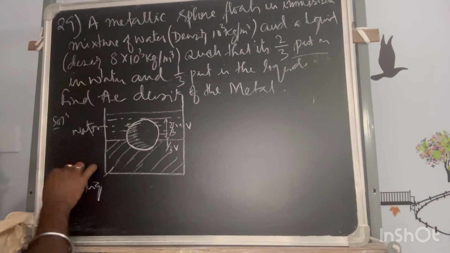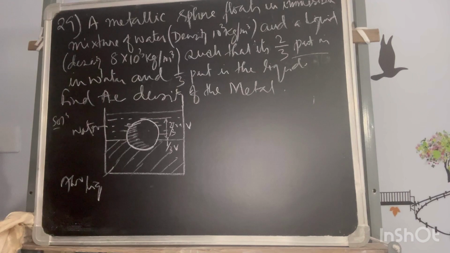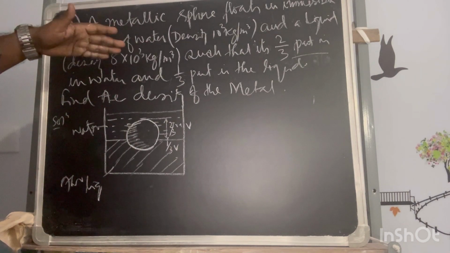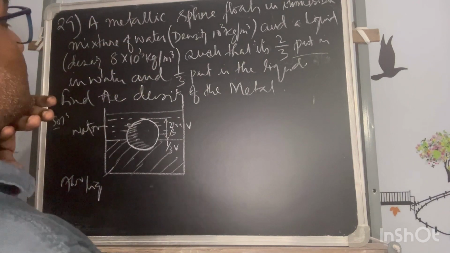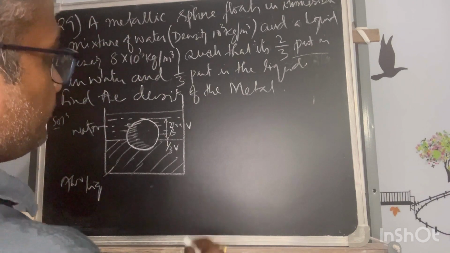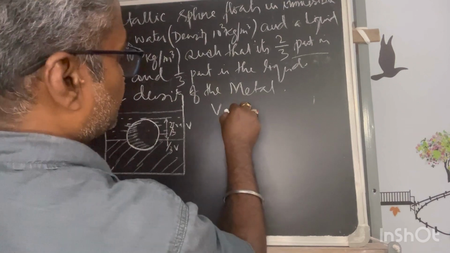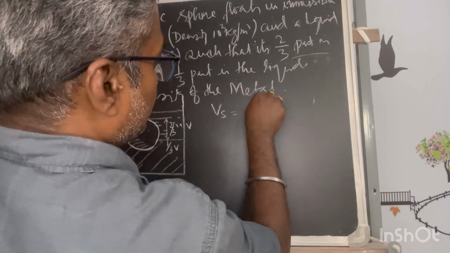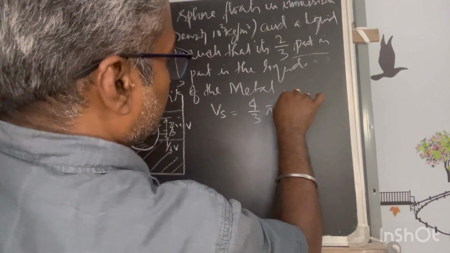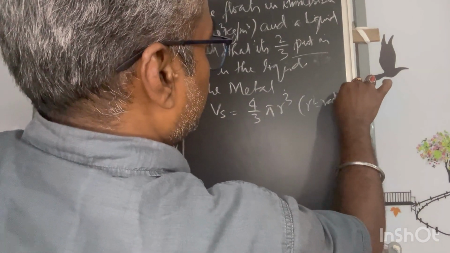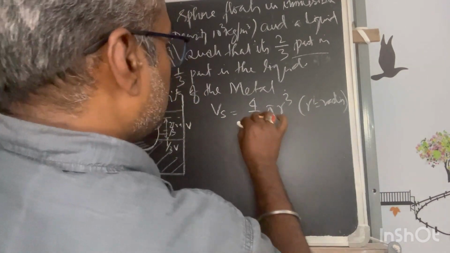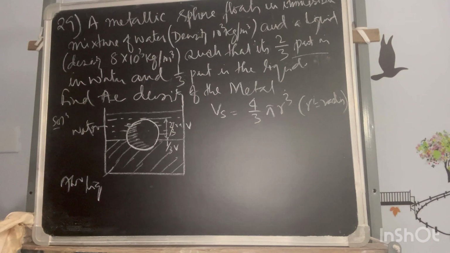I mean to say water is also a liquid, so this is the other liquid. So this is the case. So now this will be treated similarly to the previous problem. Okay. And the volume of sphere, you know, is 4 by 3 pi r cube, where r is radius. It may be required, I don't know.